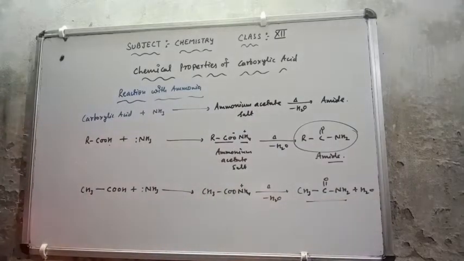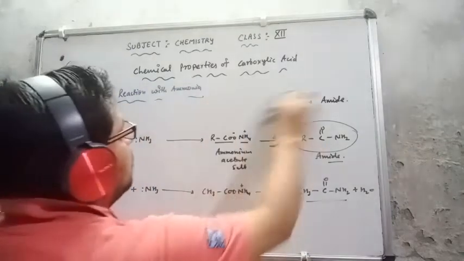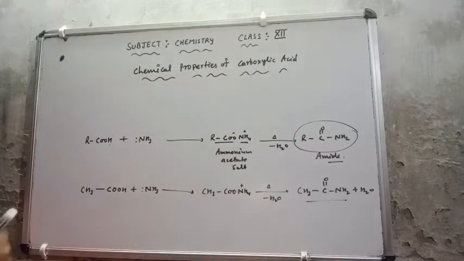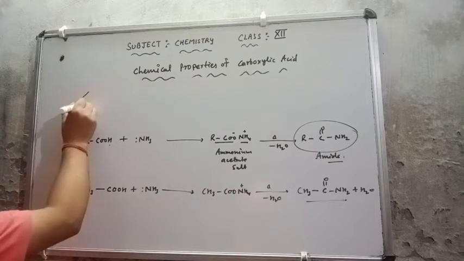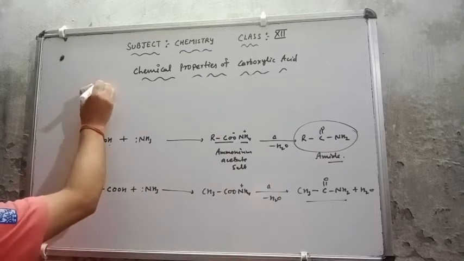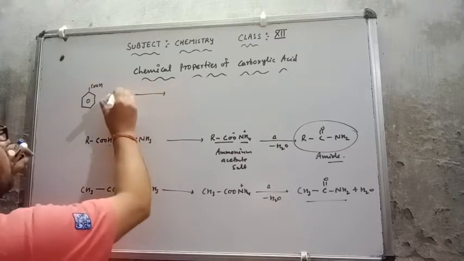Similarly, if you want to go with the reaction with benzoic acid, then also you can show it here. Suppose I am taking here benzoic acid, C6H5COOH plus NH3. The same procedure is available.